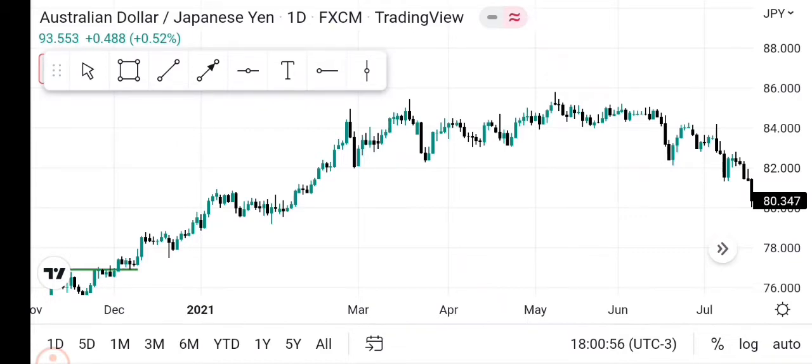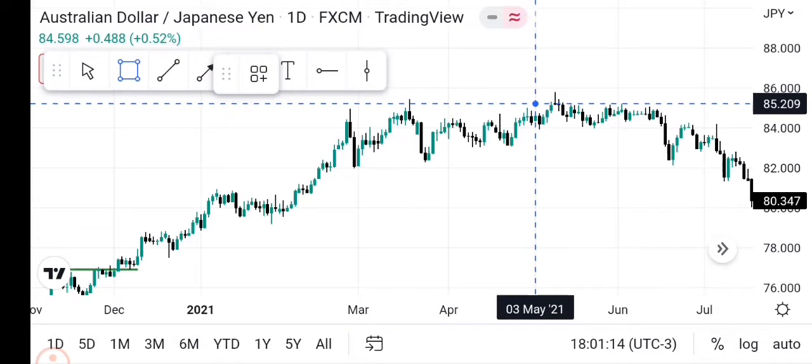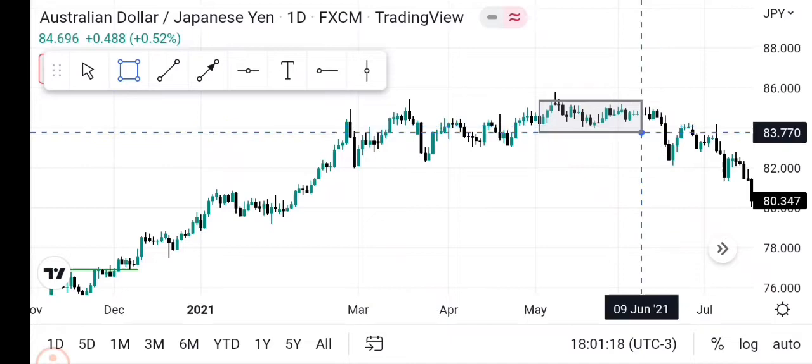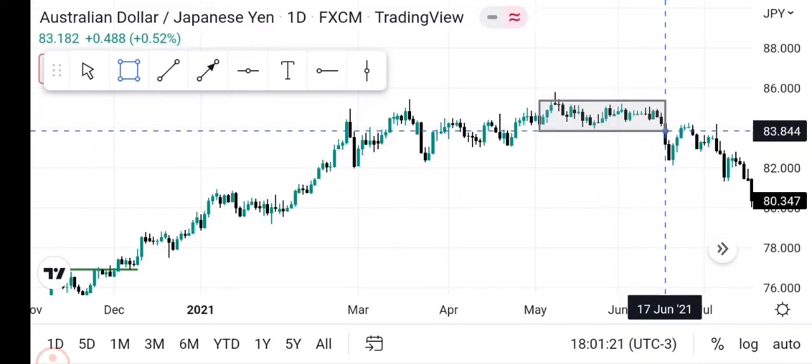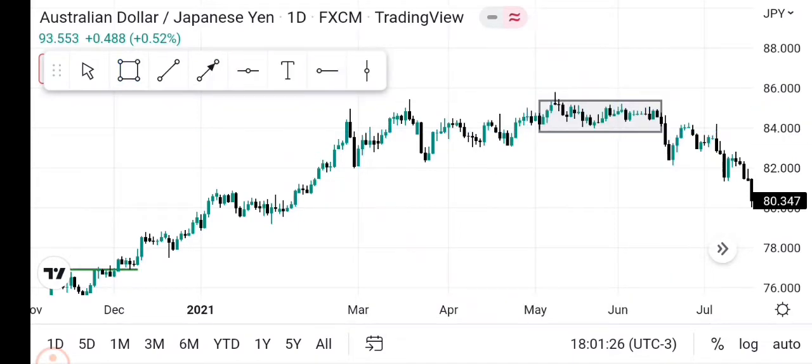Now, like I said, a consolidating market is a market that actually has no direction at all. You are not able to spot your horizontal resistance nor your horizontal support. Guys, this zone right here is a consolidating market because we are not able to spot our horizontal highs and horizontal lows, which is your horizontal resistance and your horizontal support.